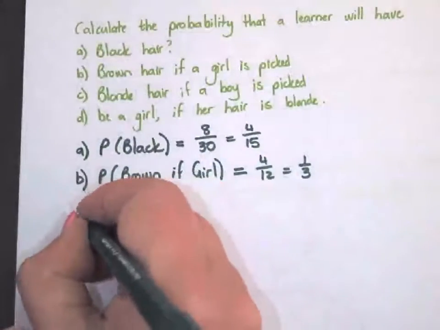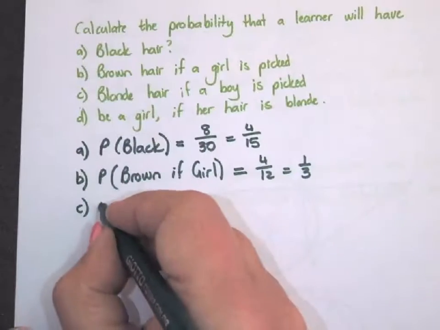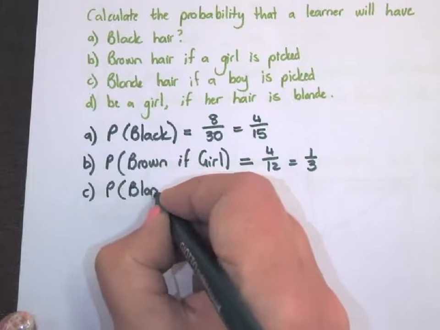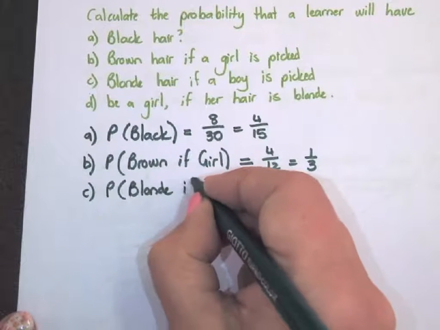Number C. Blonde hair, so the probability of blonde if a boy.